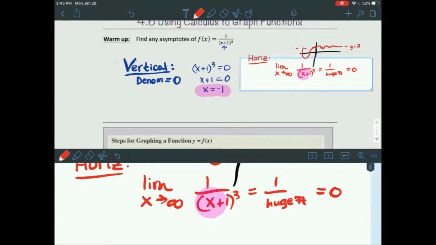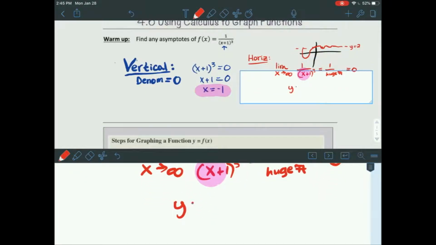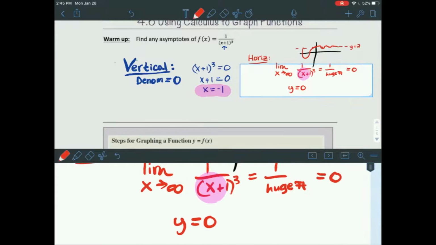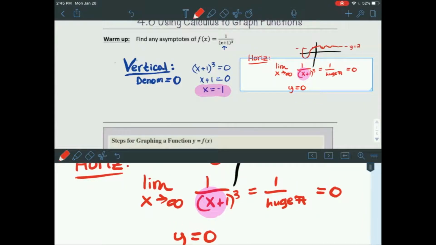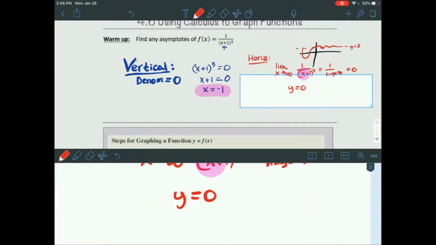That means we're going to have a horizontal asymptote of y equals 0. If we approach negative infinity, it'd go to negative infinity in the denominator, but 1 divided by a really huge negative number is still going to be really, really close to 0. So horizontal asymptote of y equals 0.